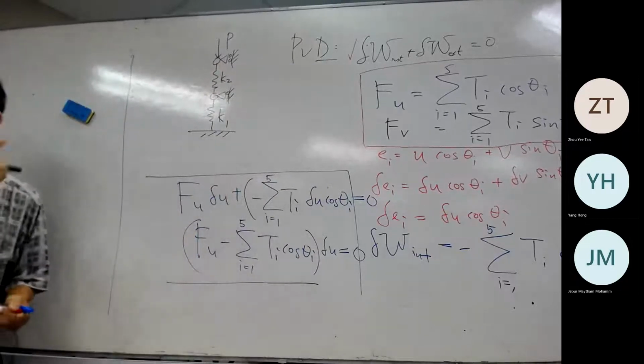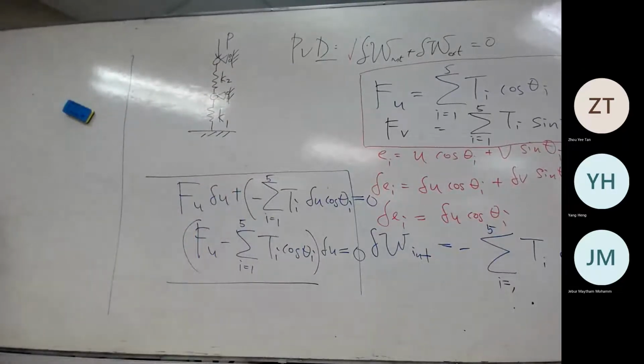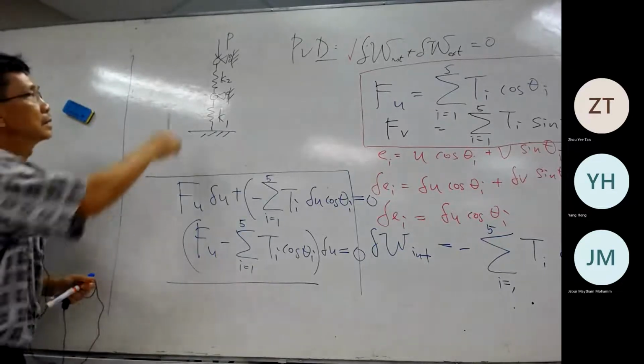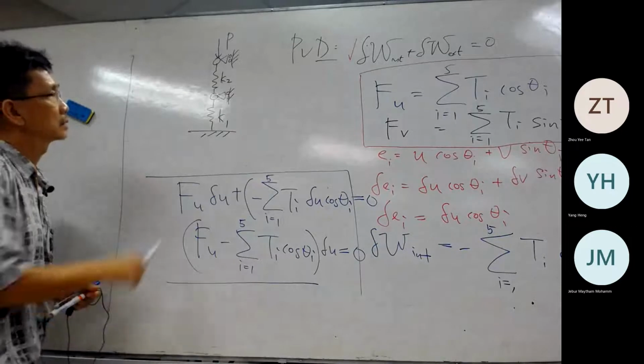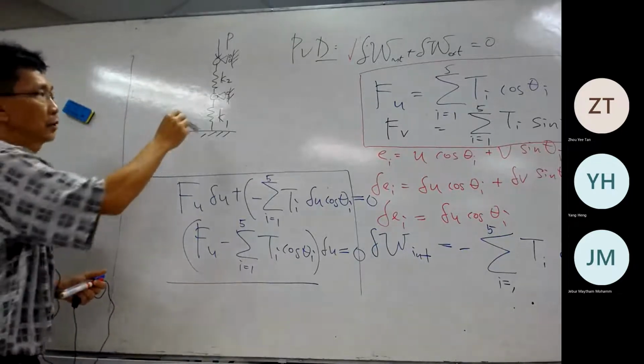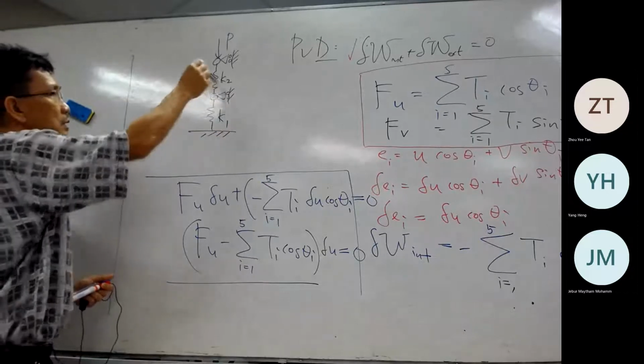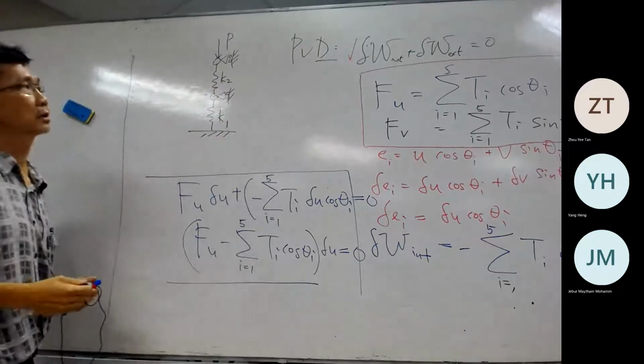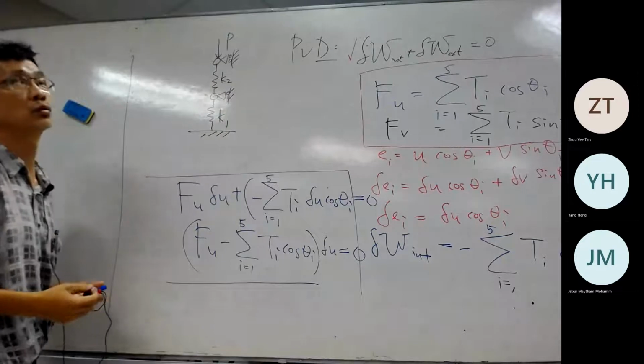Now, if I give you this problem, this is just a spring problem, and there are two springs connected in series. One spring 1 with K1, and then spring 2, material constant is K2.